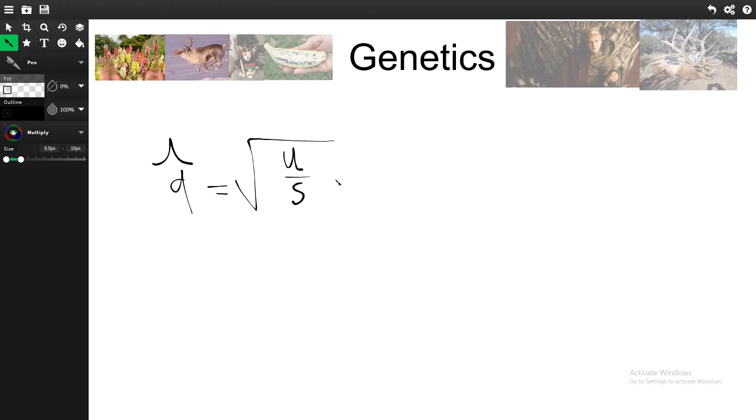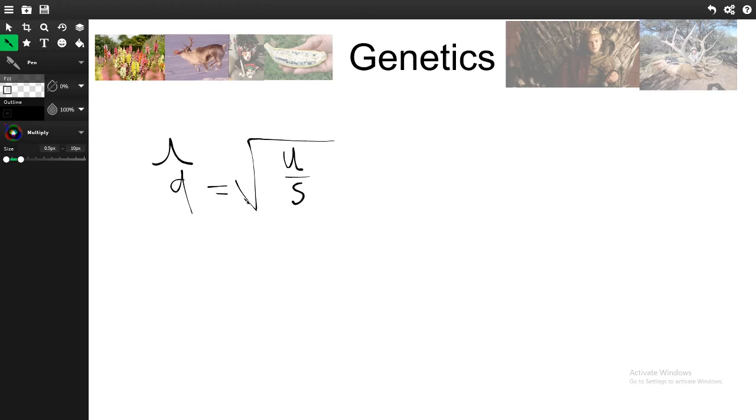Well, this is not an equation that we're going to be using too often, so I won't get into it too much. This equation can actually only be used to find the equilibrium frequency of rare, harmful, and recessive alleles. So again, we won't use this very much. Only in cases of rare harmful recessive alleles is this equation useful.